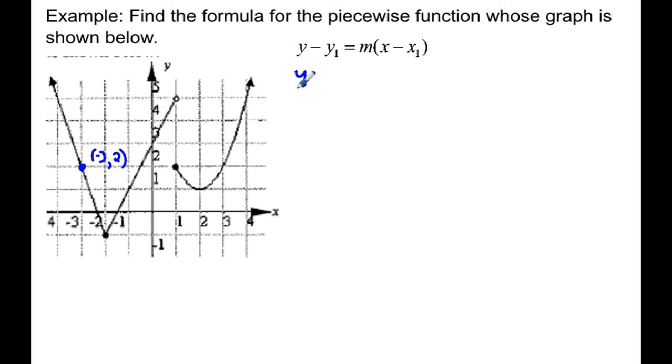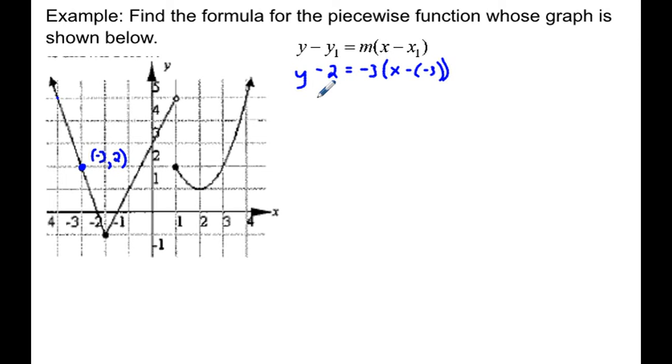So y minus my y value, which is 2, equals my slope. I'm going to calculate from here. So I'm going to go down 1, 2, 3 and over 1. So my slope will be -3 times x minus a -3.